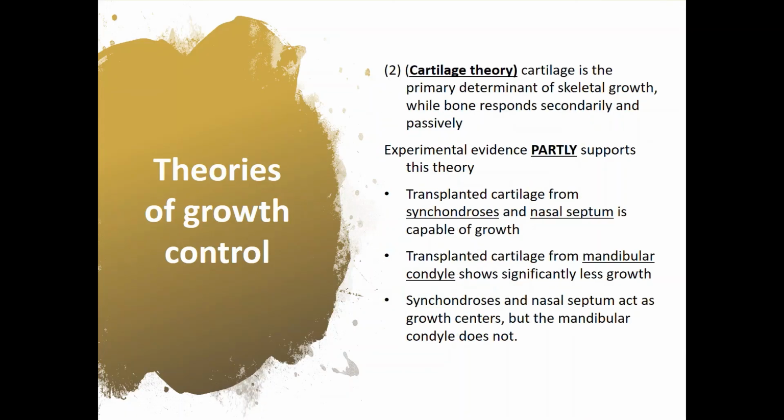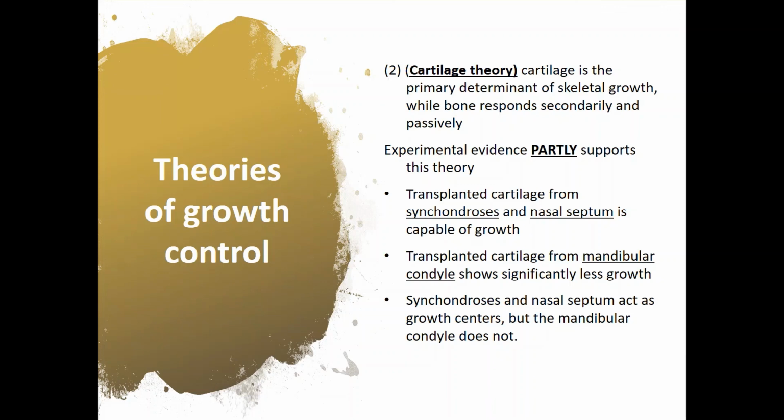Now, the cartilage theory claims that the growth factors and growth control actually is found within the cartilage. And if we look at the primary cartilage and secondary cartilage, we will find that actually this is partly true. The primary cartilage is considered a growth center, where the growth control is.